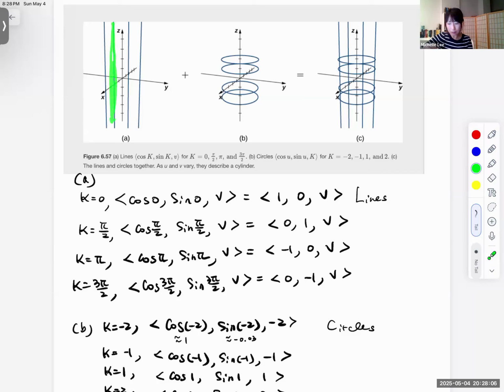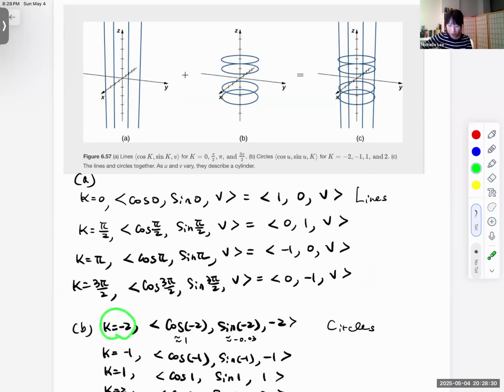When k equals pi over 2, cosine pi over 2, sine pi over 2, v, then we get (0, 1, v). V is any number, so it's a vertical line as well. We can do that for the rest.